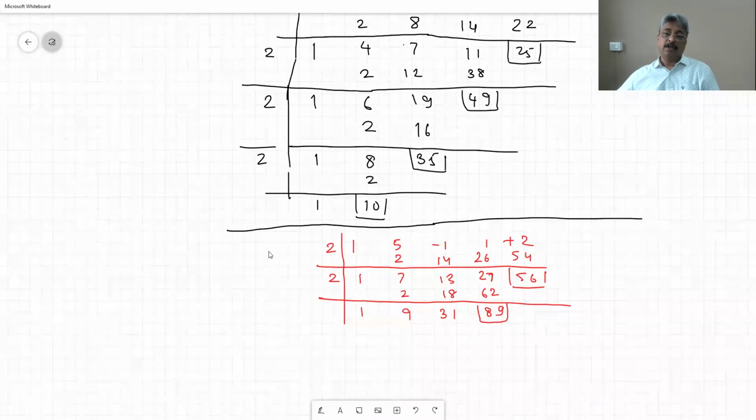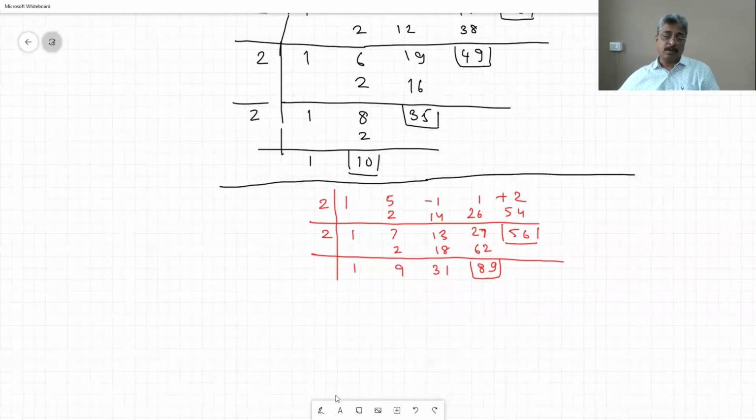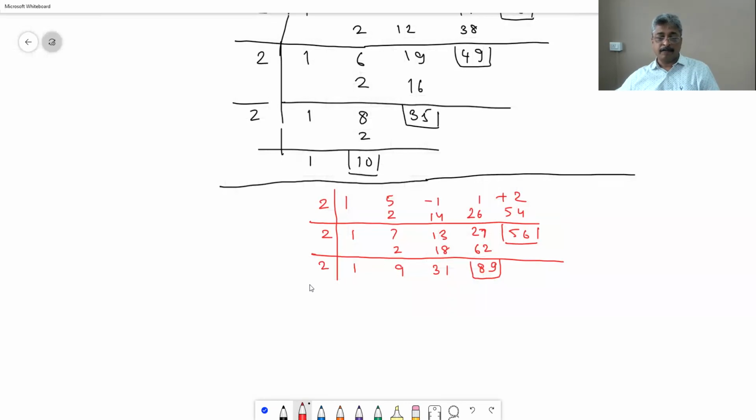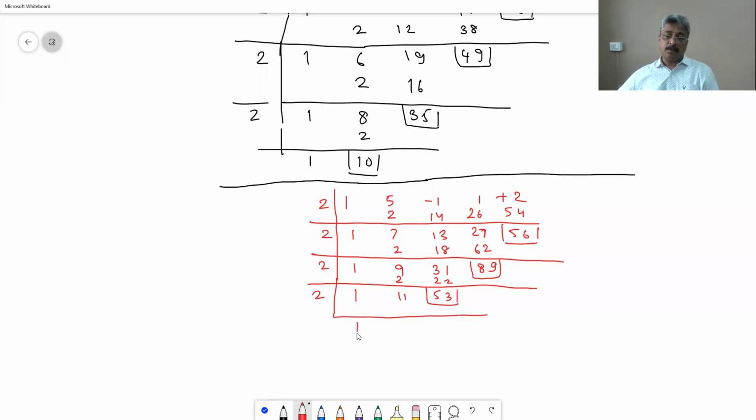Yes. Again with 2: 1, 2, 11, 22, 53. And 2 again: 1, 2, 30. So this is method 2.